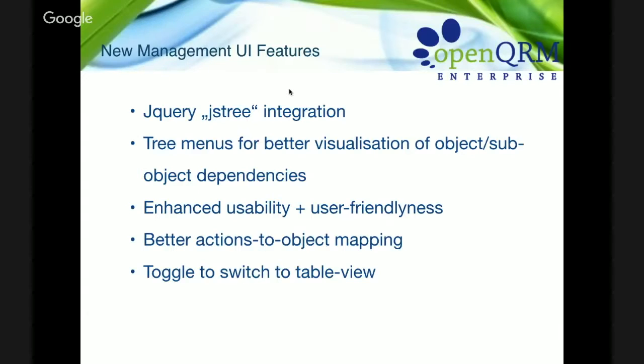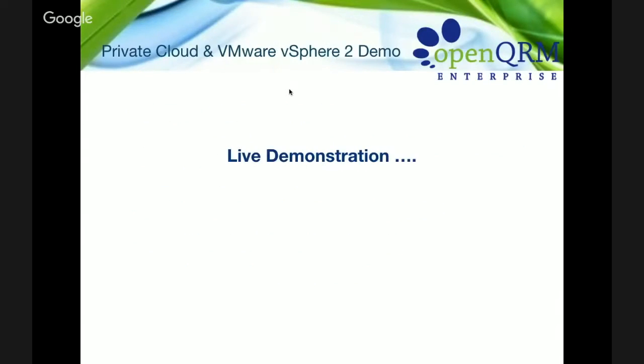That means the actions are actually mapped to the tree menus directly. And if you still want to go back to the table view we are normally using, there's a toggle which provides a switch between the legacy UI and the new UI features, which we will come to now, and I will show you the live demonstration of the vSphere environment.